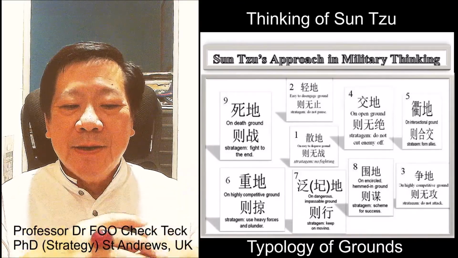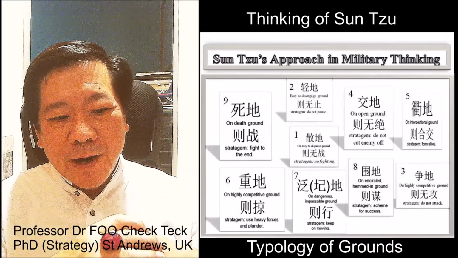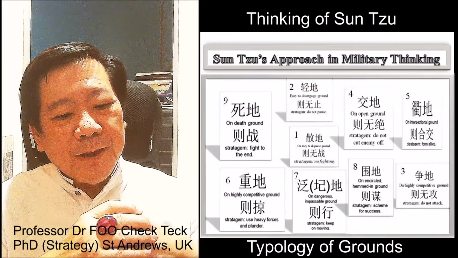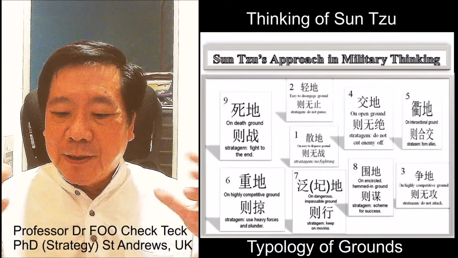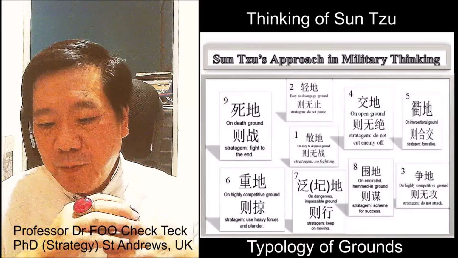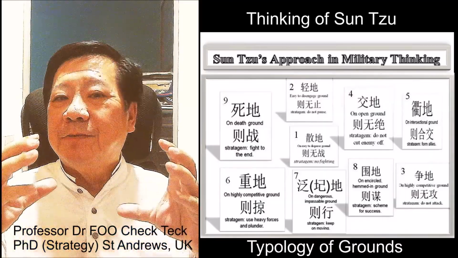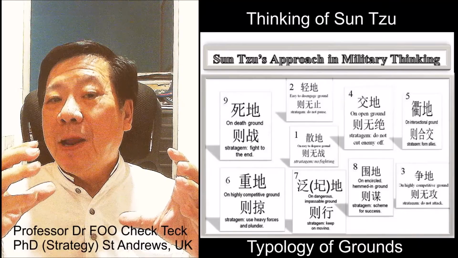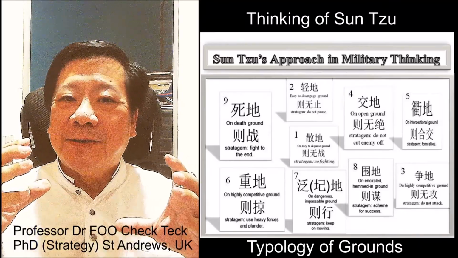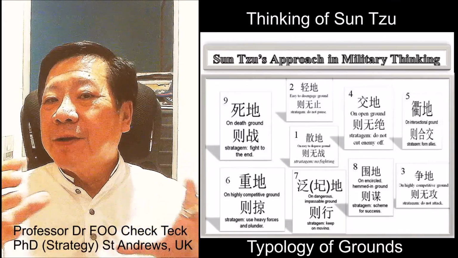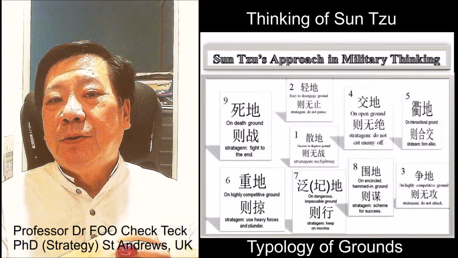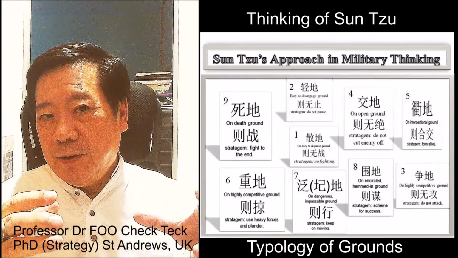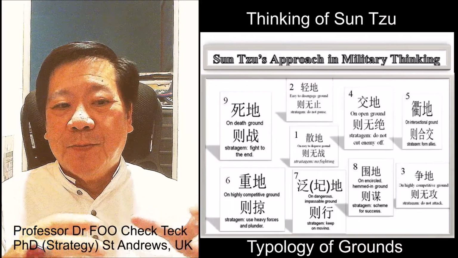Then you'll find that Sun Tzu also mentioned the fifth ground, which is on an intersectional basis. That's a place where you should form allies. In other words, different states should start to form allies in order to prevail in the war.